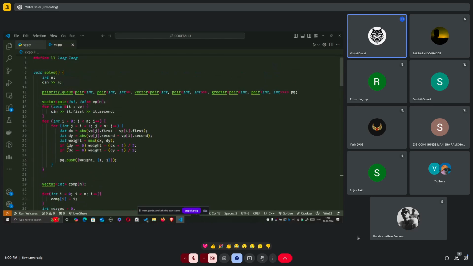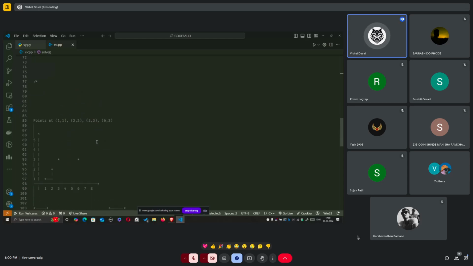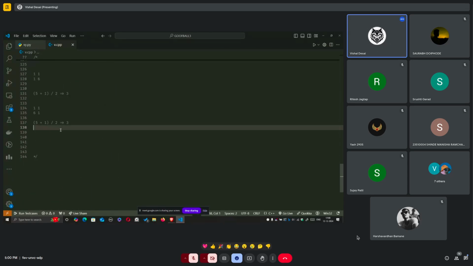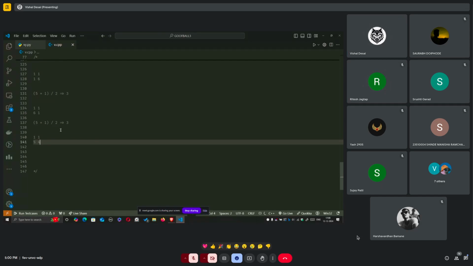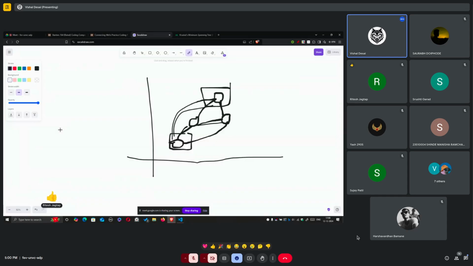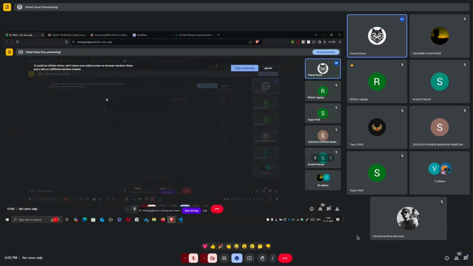That is, if dx is 0 or dy is 0, then consider dx plus 1 by 2 as the weight of that edge, or else consider dy plus 1 by 2 if dx is 0. Should I repeat? Yes.